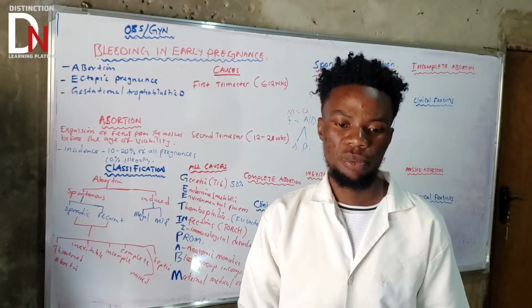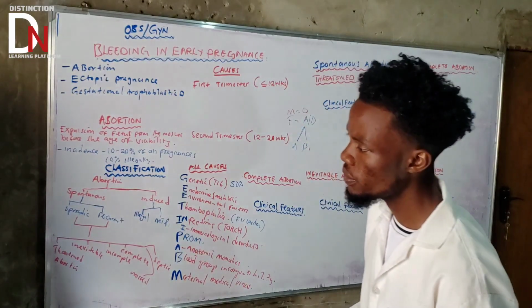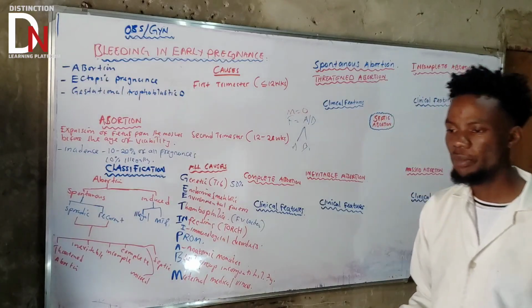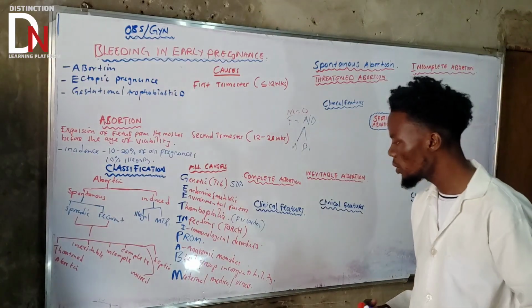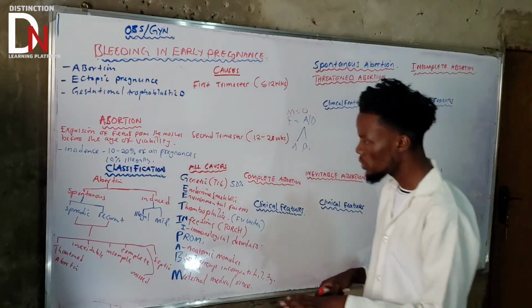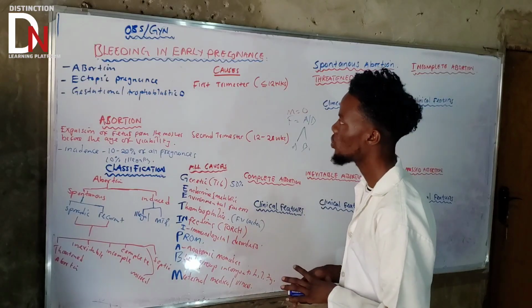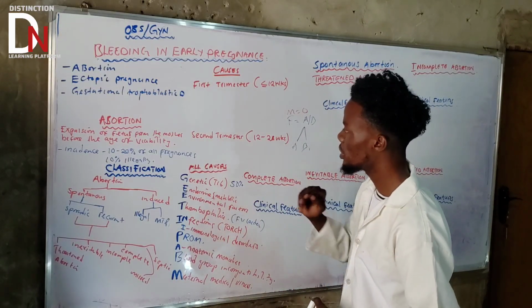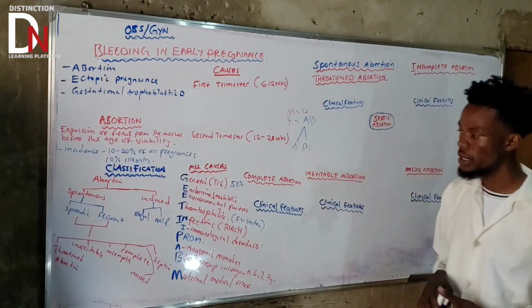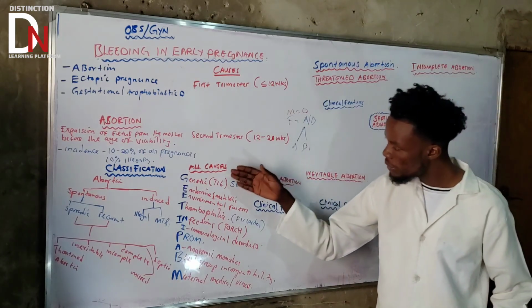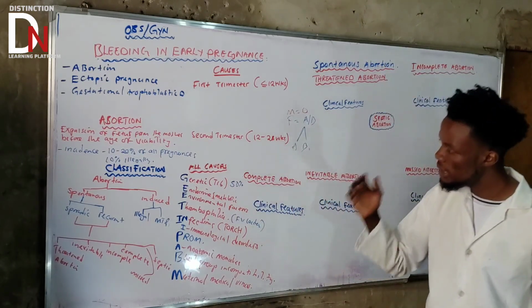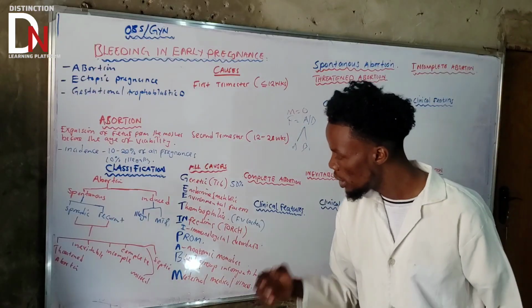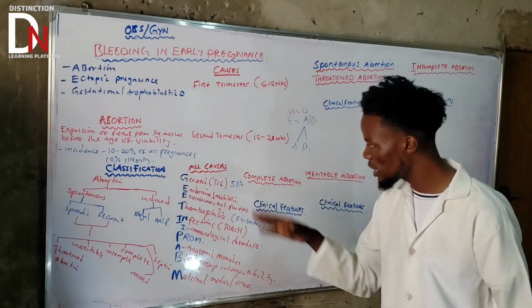A lot of women tend to have these medical illnesses. Maybe they are having polyhydramnios, like that. All those things can cause abortion if not treated well. Basically, they can cause abortion in the second trimester.